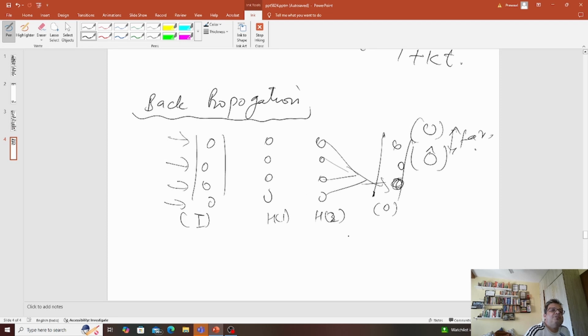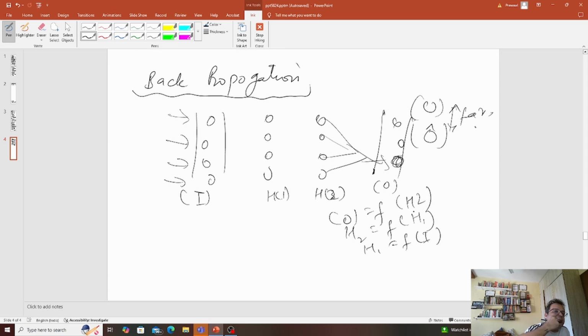Now this output layer is a function of h2, and h2 is a function of h1, and h1 is a function of your input. So there is a kind of chain that is happening here: this value is a function of all these values, and each of these values is a function of what happened in the layer before and the layer before.